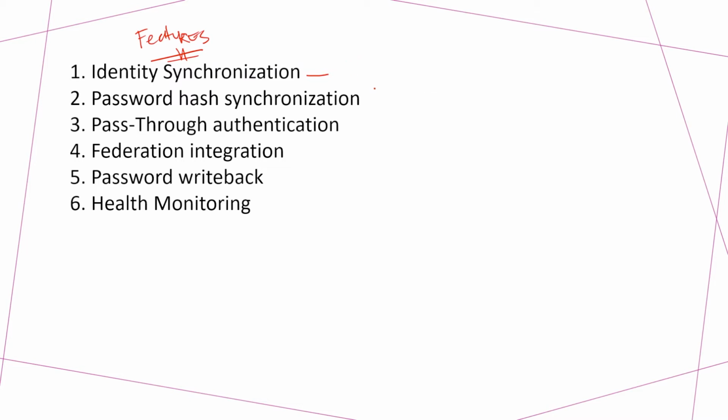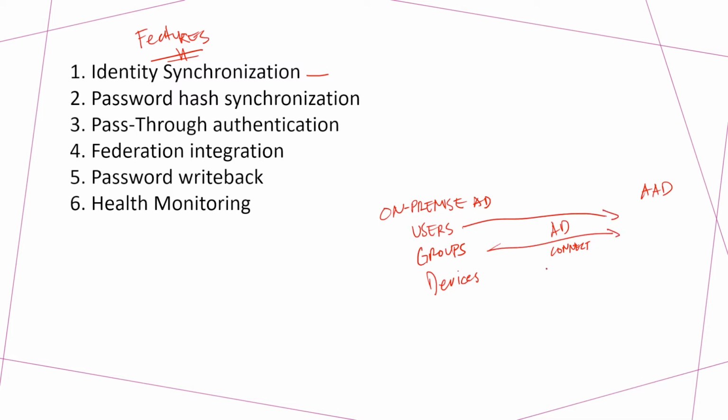Let's say this is your on-premise AD. Within that you have this information of your users, groups, and devices, and you have your Azure AD here. So what will Azure AD Connect do? It will facilitate the synchronization of all of this information to Azure AD.